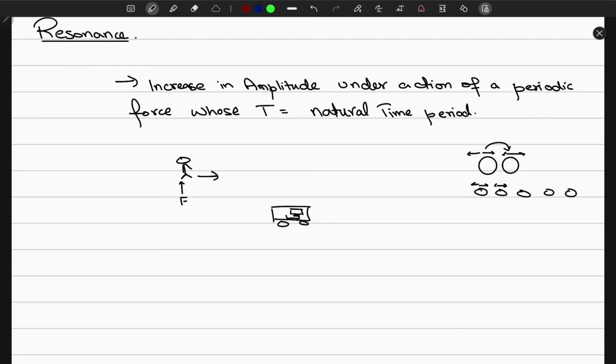Resonance is also a reason that a microwave oven cooks food, right? So if you have a microwave oven and you have the food in there, the microwave oven is going to generate high frequency waves, right? And these waves are going to heat up your food.